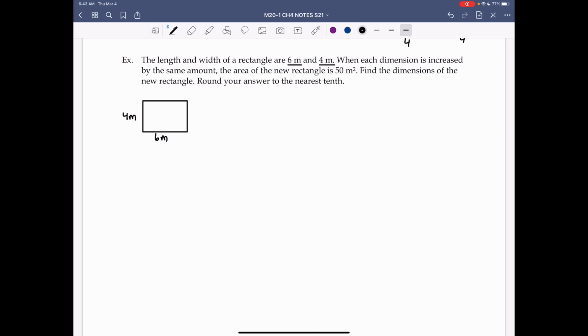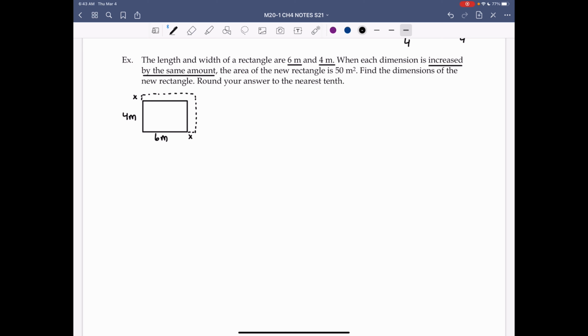We add this way to the length, and this way to the width. They are increased by the same amount, so let's call this increase x.